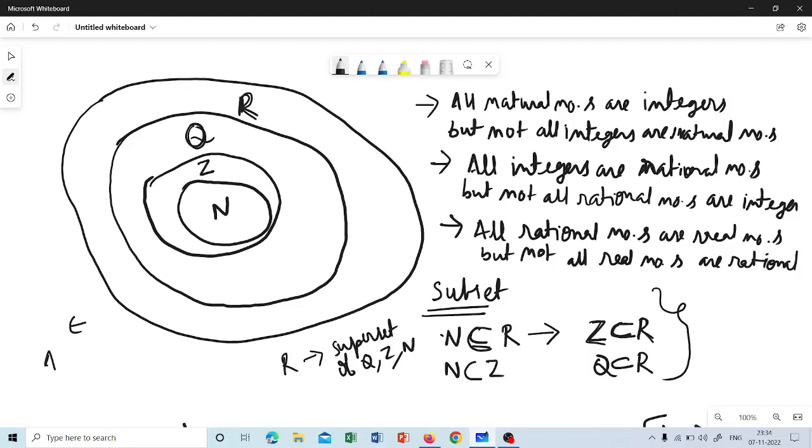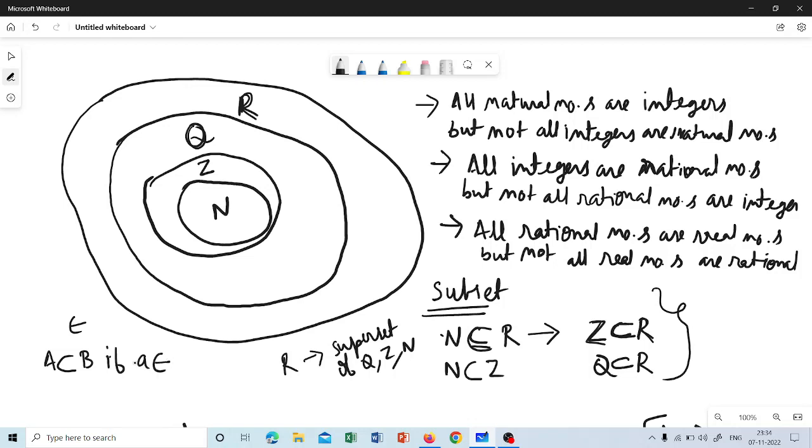Generally, A is a subset of B if, you know that sets are represented by capital letters and elements inside them are small letters. I've already said this in the previous video.